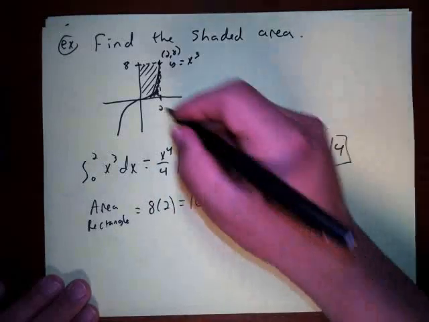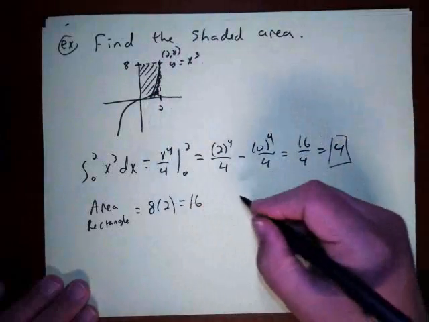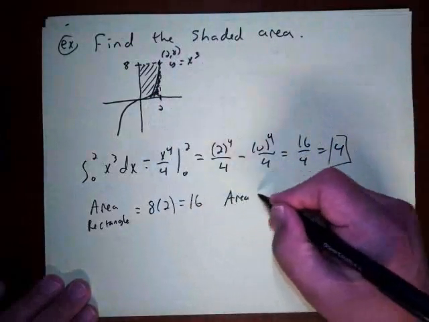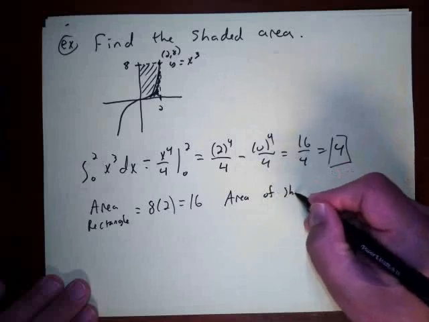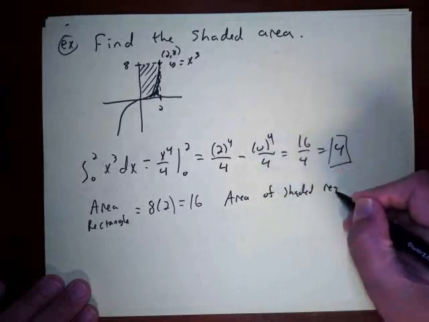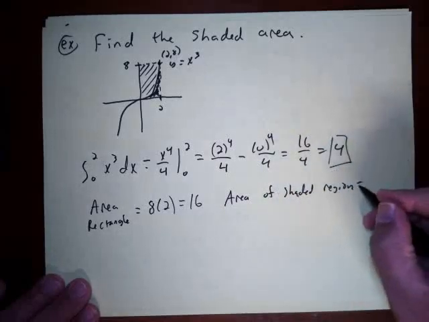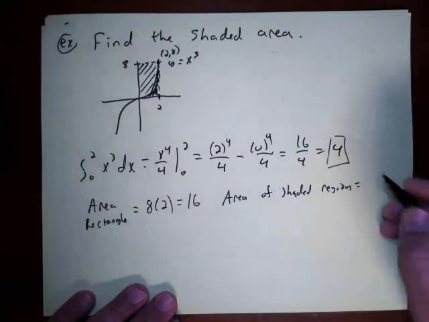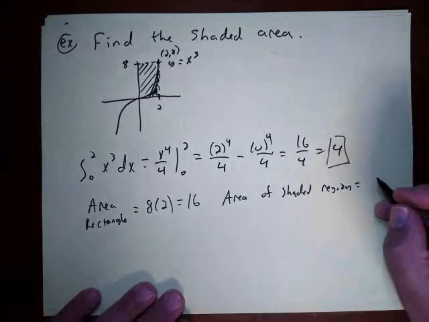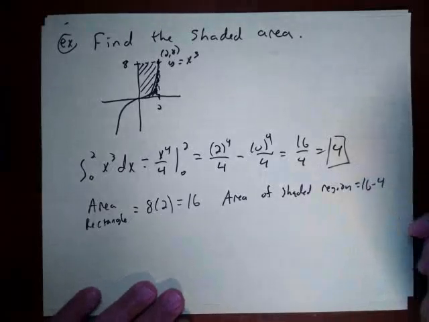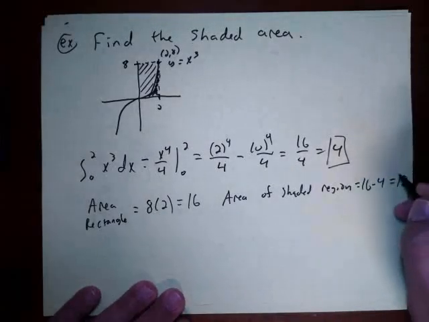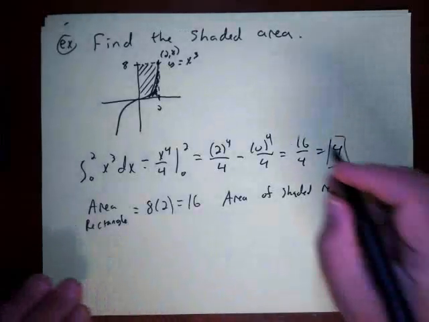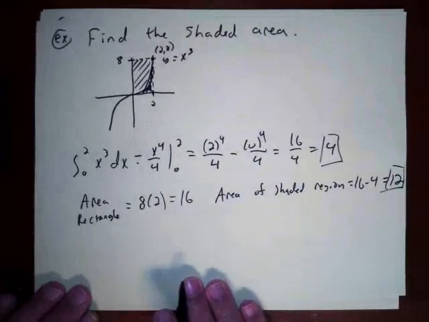And so then this area is 4. So the area of the shaded region is equal to 16 minus 4, which is equal to 12. So the area of the shaded region is equal to 12.